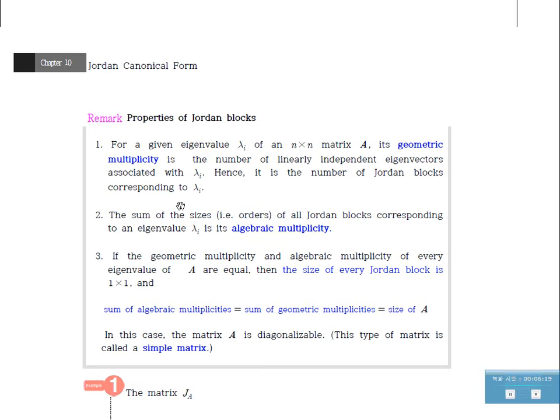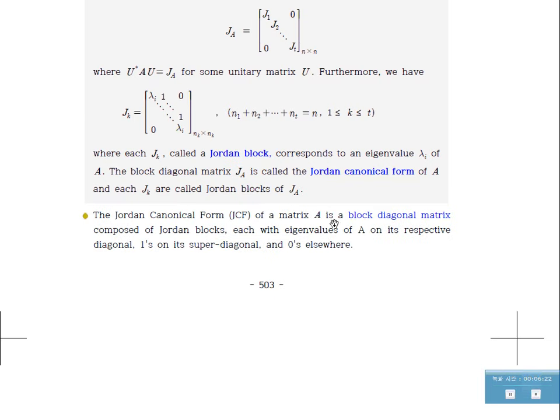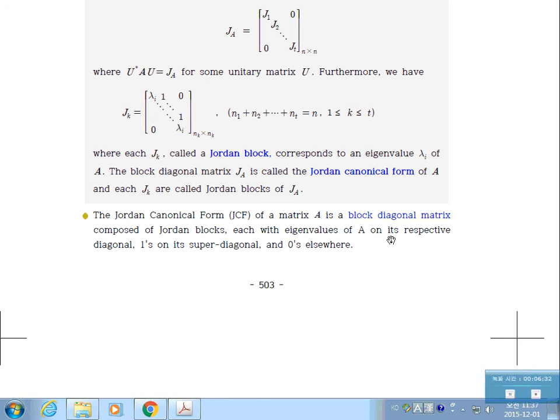The Jordan canonical form of a matrix A is a block diagonal matrix composed of Jordan blocks, each with eigenvalues of A on its respective diagonal, ones on its super diagonal and zeros elsewhere. Okay? Like this.